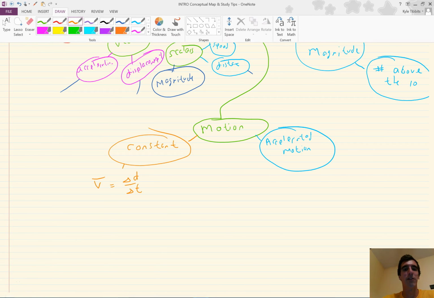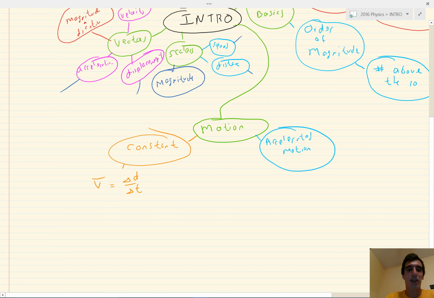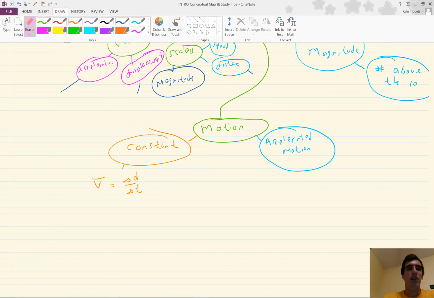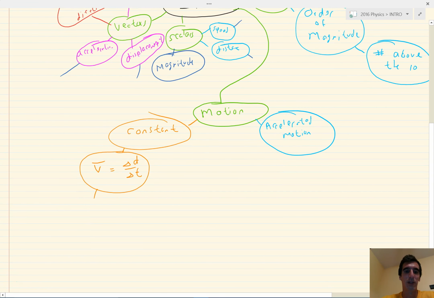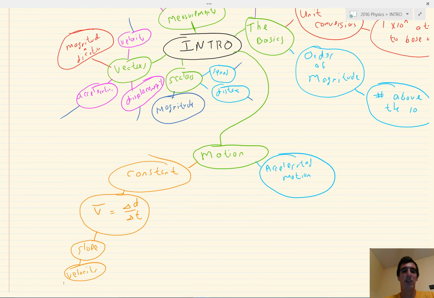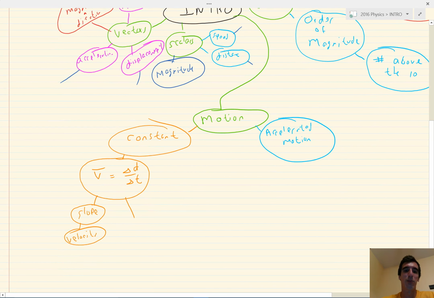We also made motion graphs of distance versus time, and we said that the slope of the distance versus time graph, so y-axis is distance, x-axis is time, is the velocity. And we also talked about how to find the total distance and how to find the total displacement. So you might want to add a branch there and there for total distance, total displacement.